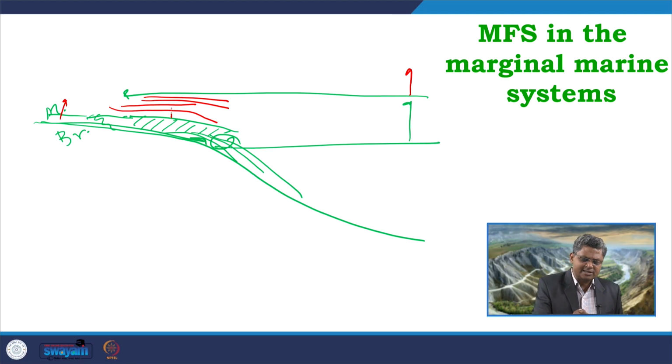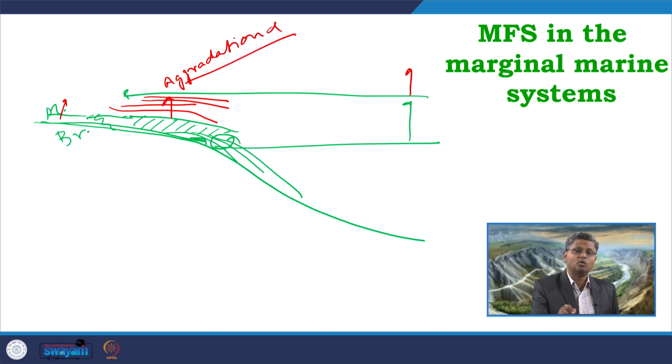That delta system will show a more aggradational pattern, represented by the amalgamation of the delta plain deposits over these estuarine facies.